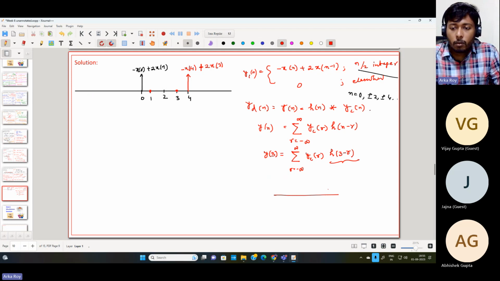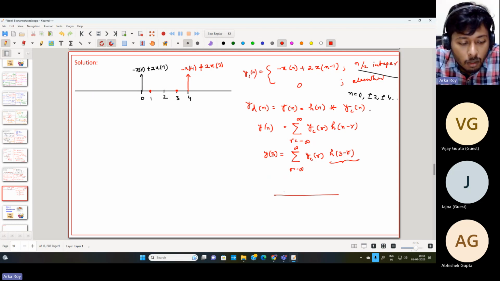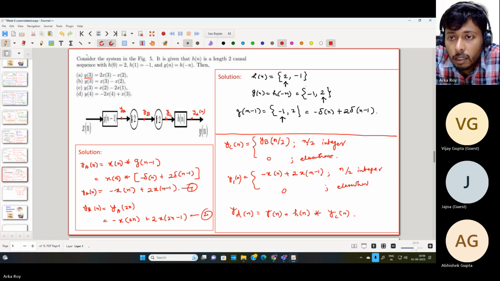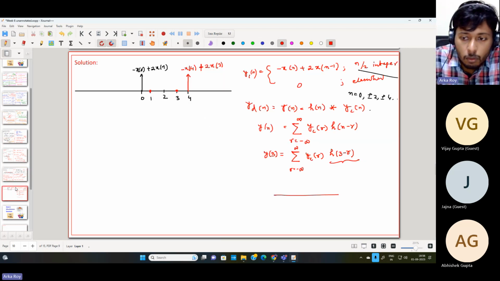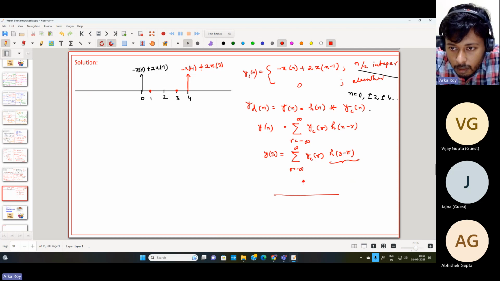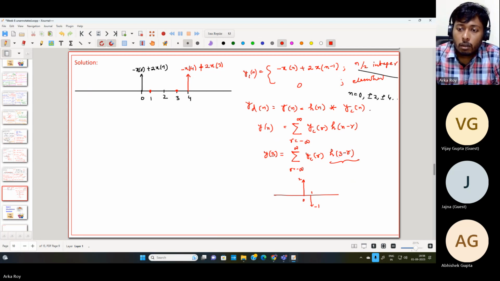So we have h[r], which looks like this. At 0, the amplitude is 2. At the first index, the amplitude is minus 1. So I can write it as 0 with a value of 2, and minus 1 at index 1. First operation, this is h[r].